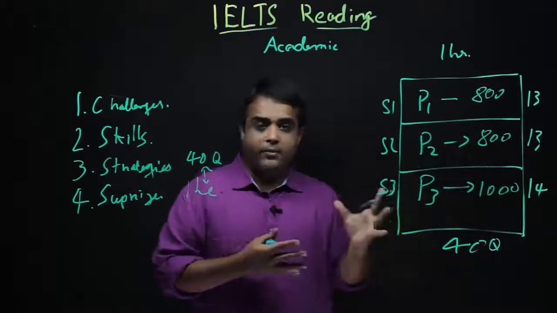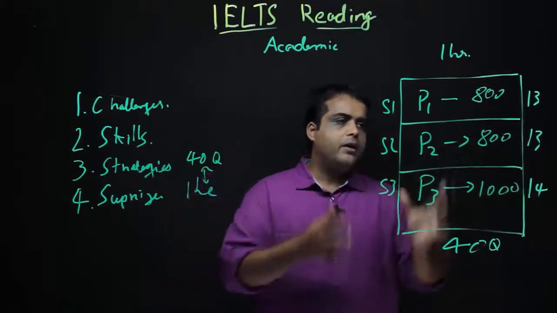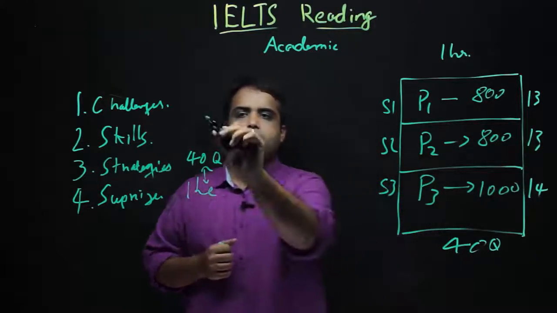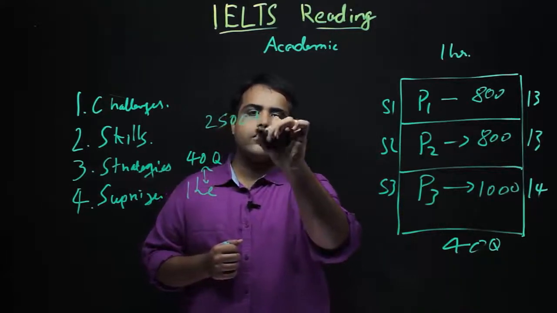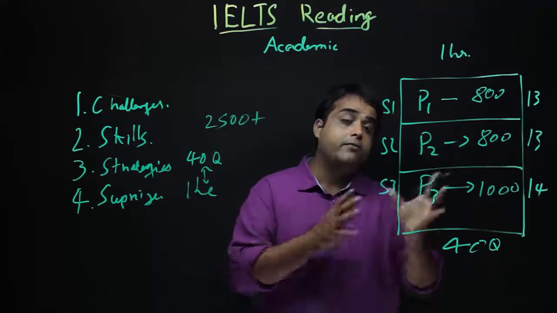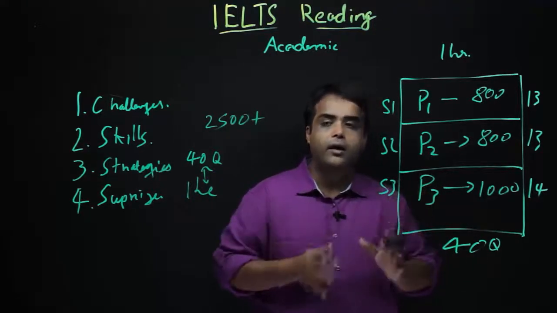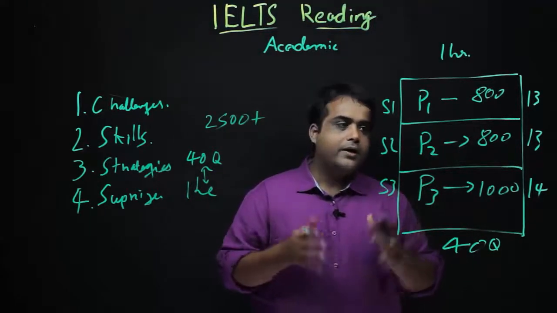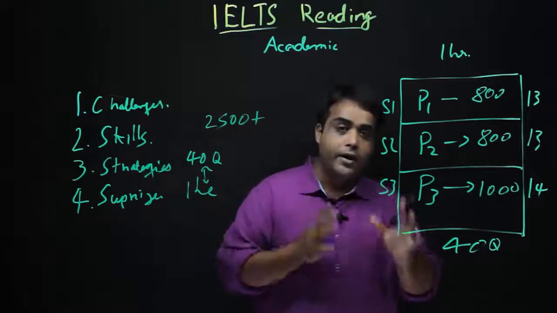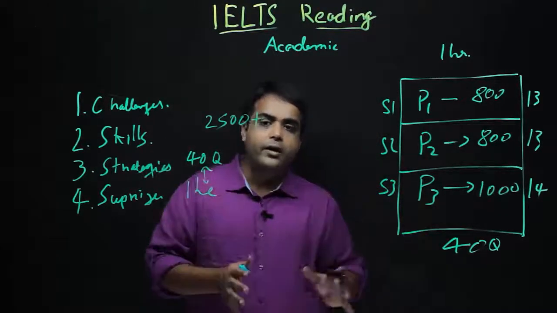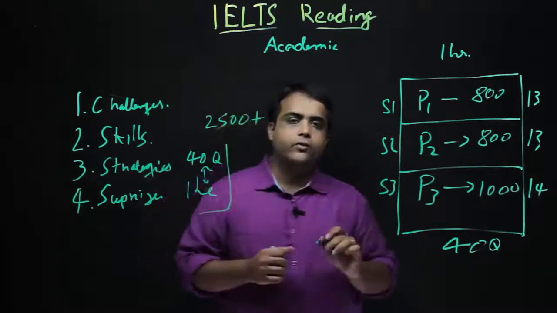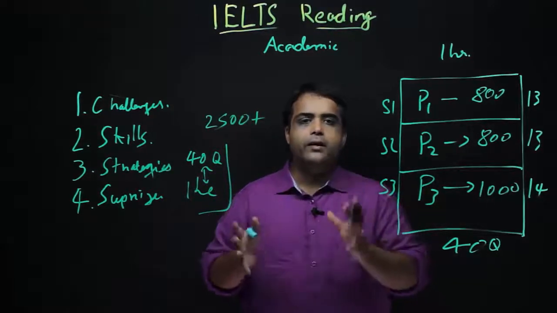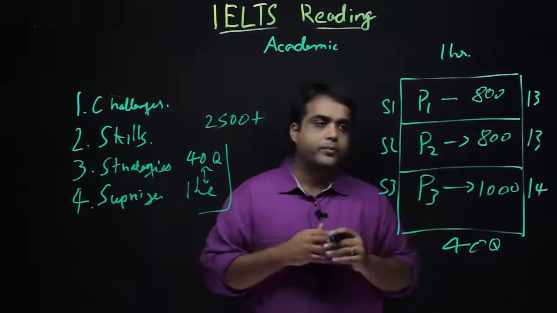These are approximate figures, not exact numbers, but if you total them out, you might be looking at more than 2,500 words of reading to be done in that 1 hour. So that 1 hour is actually 2,500 words of reading, understanding what you have read, and then solving 40 questions out of it. This is where the paper becomes a challenging paper.